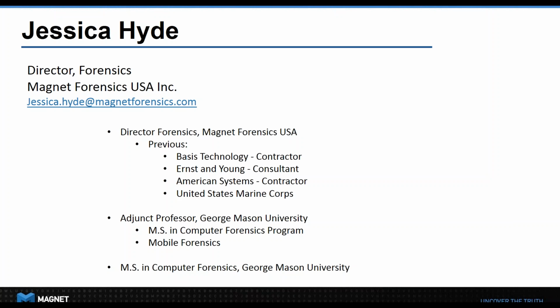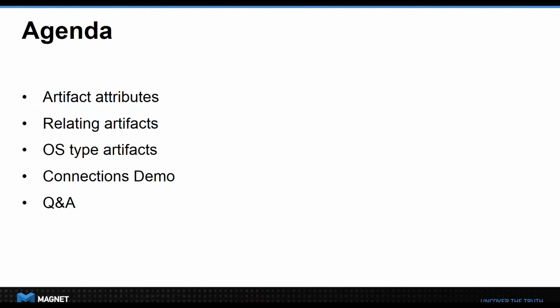Before that, I was a contractor again, working for American Systems, doing mobile forensics there in a lab where I received all damaged devices, primarily doing JTAG and chip-off extractions, and then deep analysis. Prior to that, I served in the United States Marine Corps. I do have a second job because one's not good enough. Joking. I teach mobile device forensics as an adjunct professor at George Mason University, where I also received my master's in science in computer forensics.